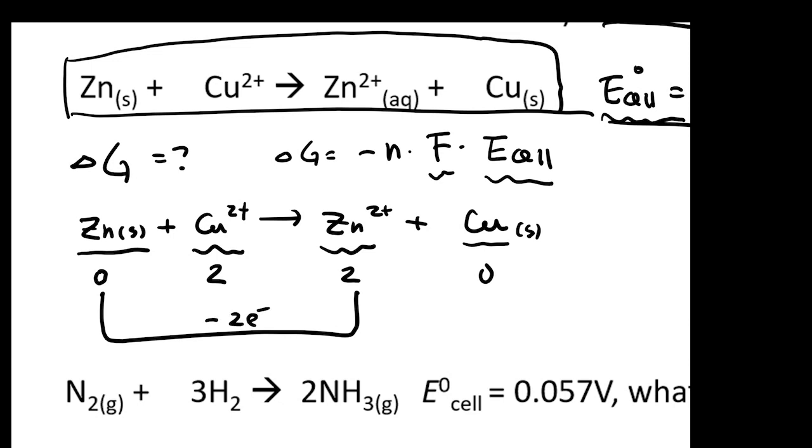Your GRock is copper, going from 2 to 0, which means you gain 2 electrons. The number of electrons given out equals the number of electrons taken by the copper 2 plus. Therefore, the number of electrons transferred is just 2.